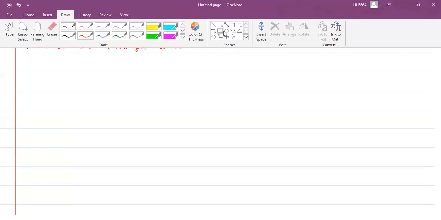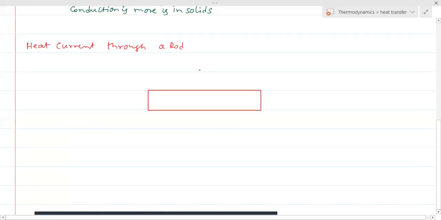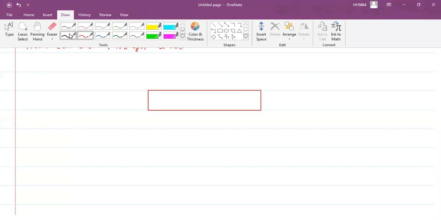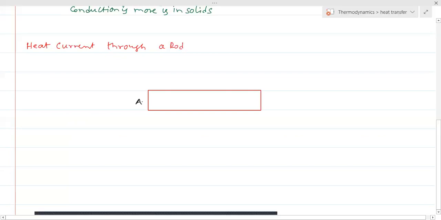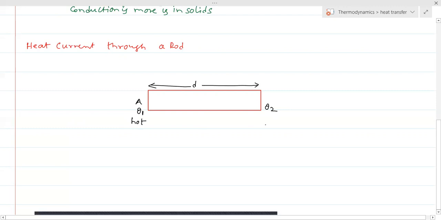For example, I'm taking a rod of area of cross section A, and let us say its length is d. One end is maintained at a higher temperature theta1 and the other end at a lower temperature theta2. So theta1 is the hot end and theta2 is the cold one.